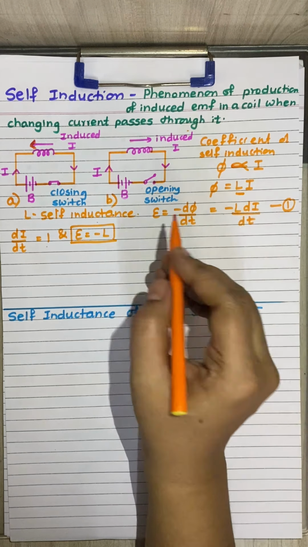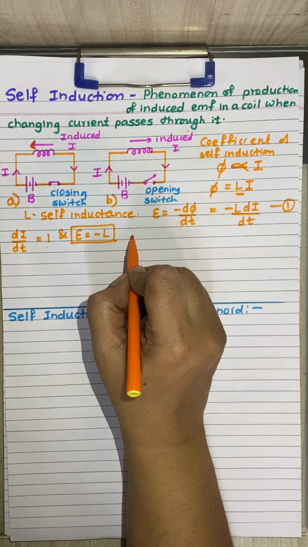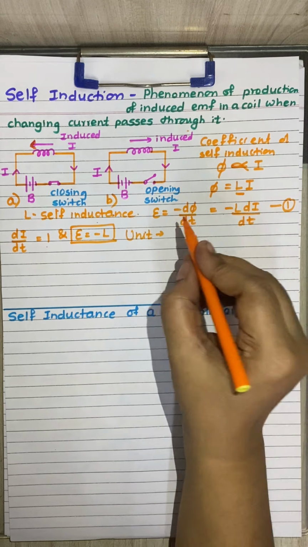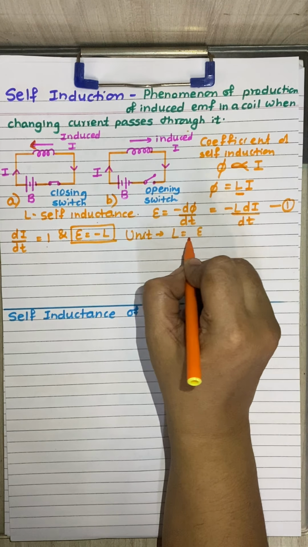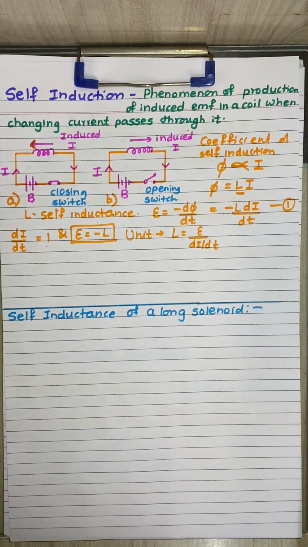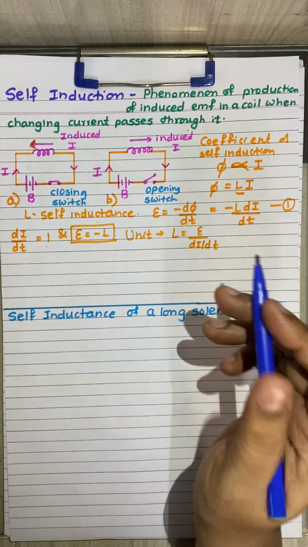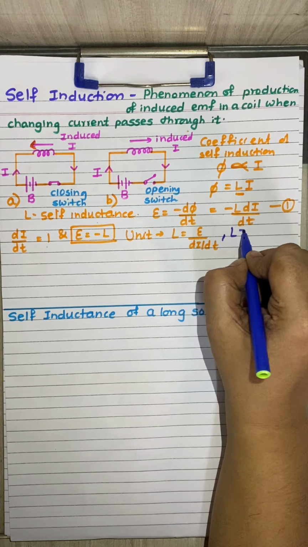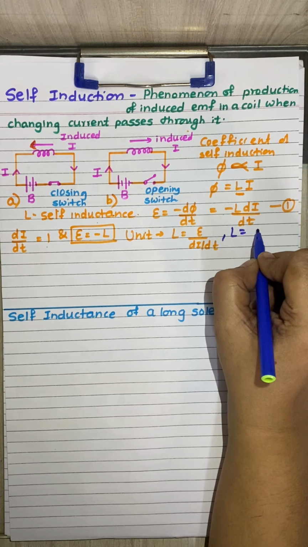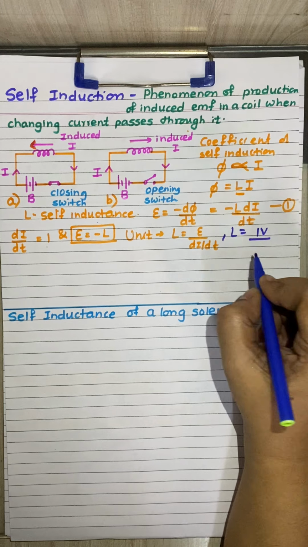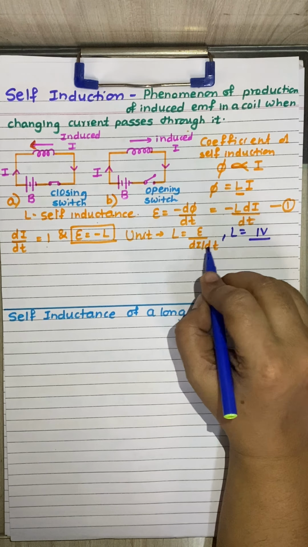Okay, now we have to find out the unit of self-inductance. So to find out the unit, I will write down here for finding out unit, L is equal to E upon di by dt. Okay, now for that we are going to consider here again L is equal to, the unit of E is nothing but volt. So 1 volt, divided by di by dt, that means current per unit time.